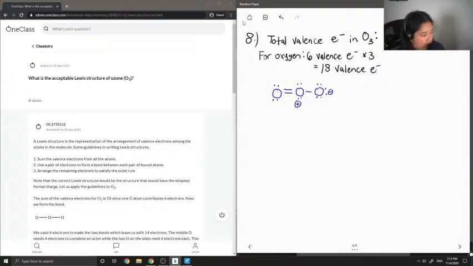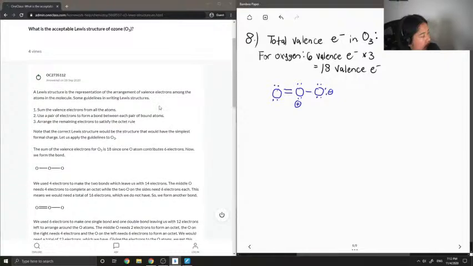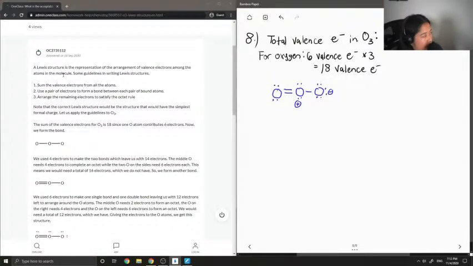Okay, so let's see what our junior tutor said. A Lewis structure is the representation of the arrangement of valence electrons among the atoms in the molecule. Some guidelines in writing Lewis structures are to sum the valence electrons from all the atoms, use a pair of electrons to form a bond between each pair of bound atoms, then arrange the remaining electrons to satisfy the octet rule.